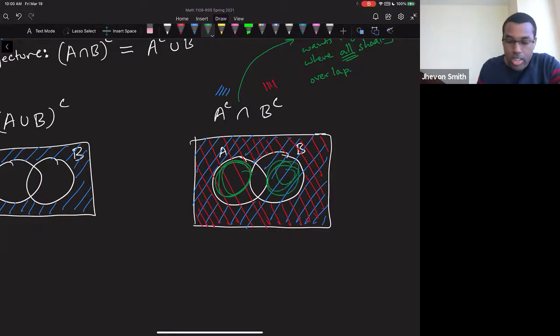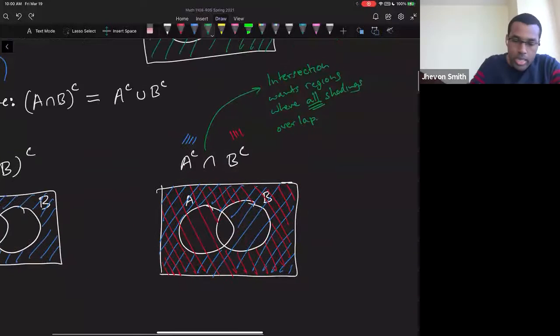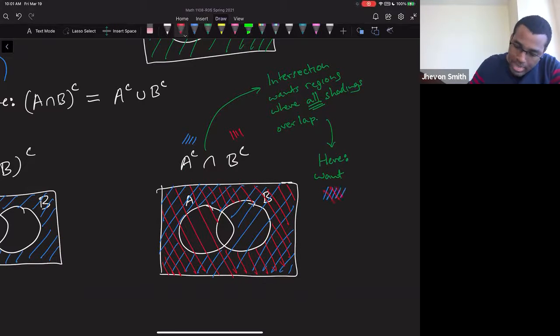This part is also not good enough because it's shaded blue but not red. It means that they're not in common, right? The blue part and the red part, they're not in something that they have in common. I want the part with both shadings, right? So that means here, what I want is the part that's shaded both with blue and with red at the same time.